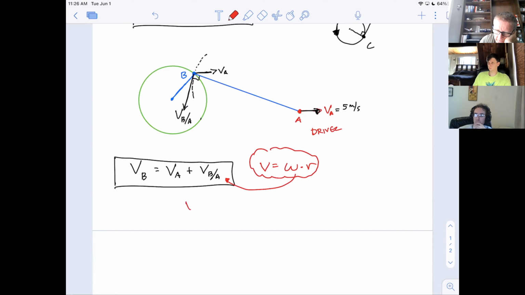I don't know if I should rewrite this, but I think I will, quickly. So velocity of A plus the rotational speed of B around A times the radius of, I'll just say AB, the connecting rod AB. So that's another formula I could have here if I wanted to.